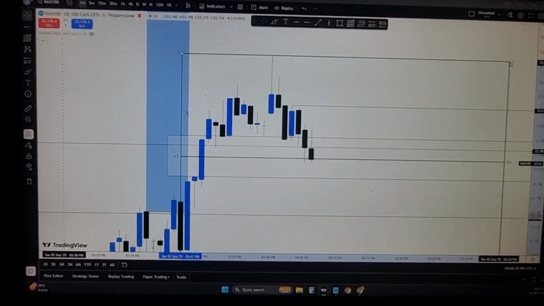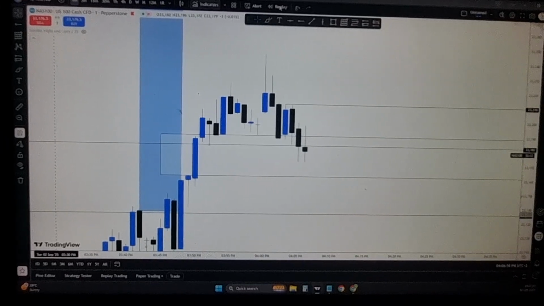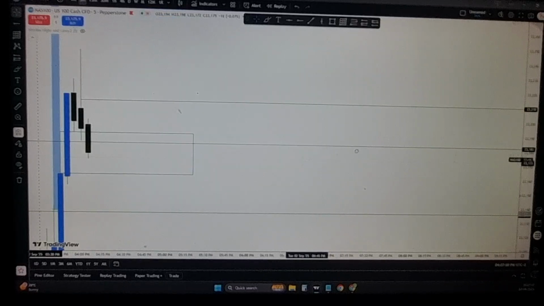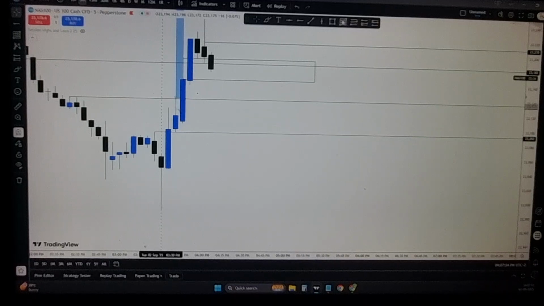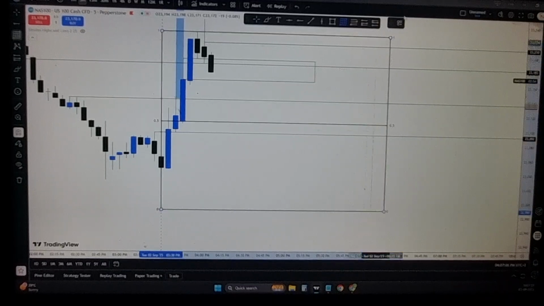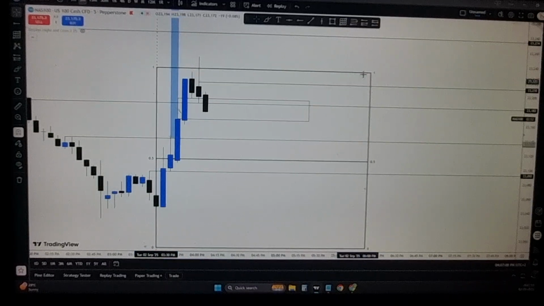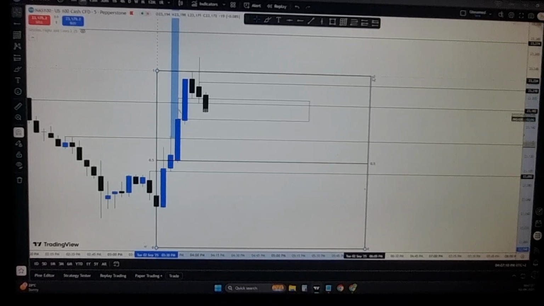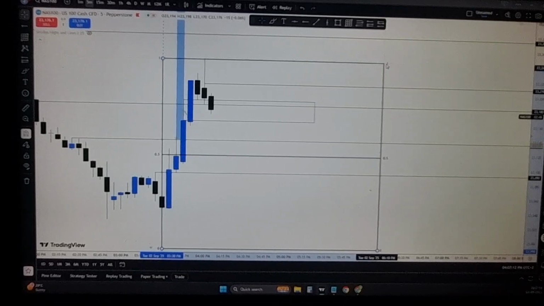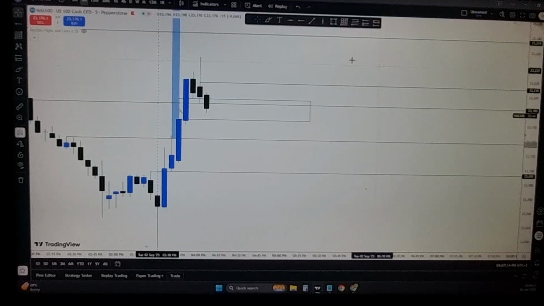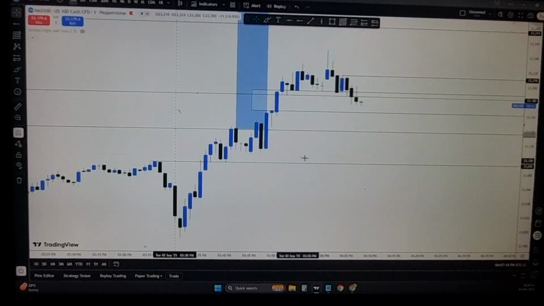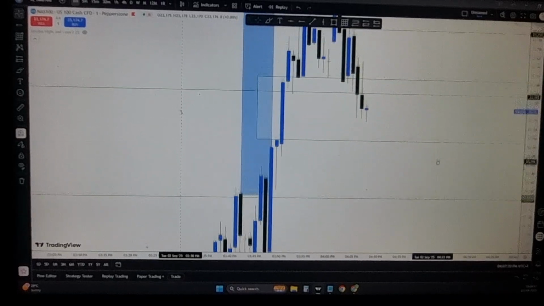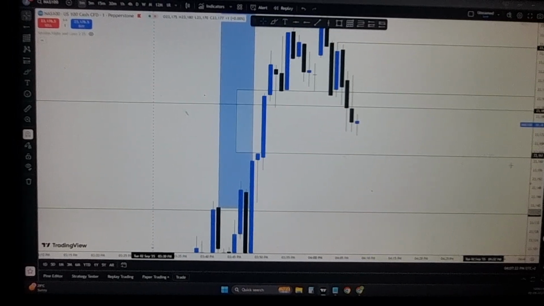Okay, we are tapping into 1 minute EQ. We are still pretty far from 5 minute EQ. Okay, so we're definitely gonna have to wait for a move on the 1 minute.